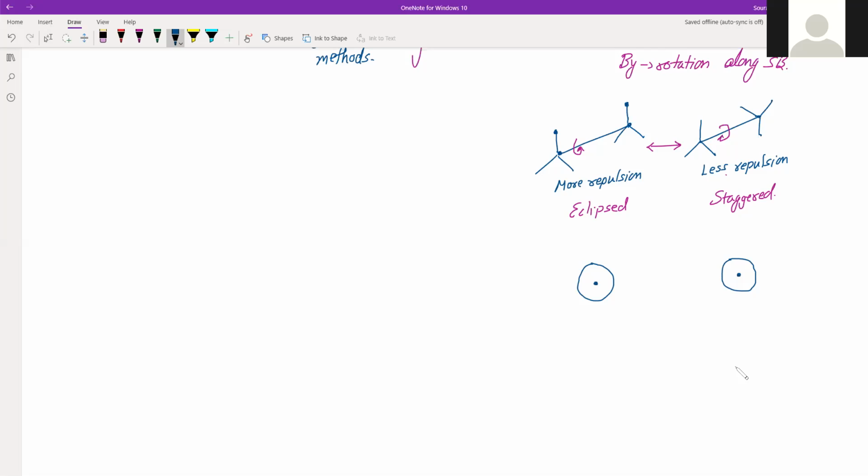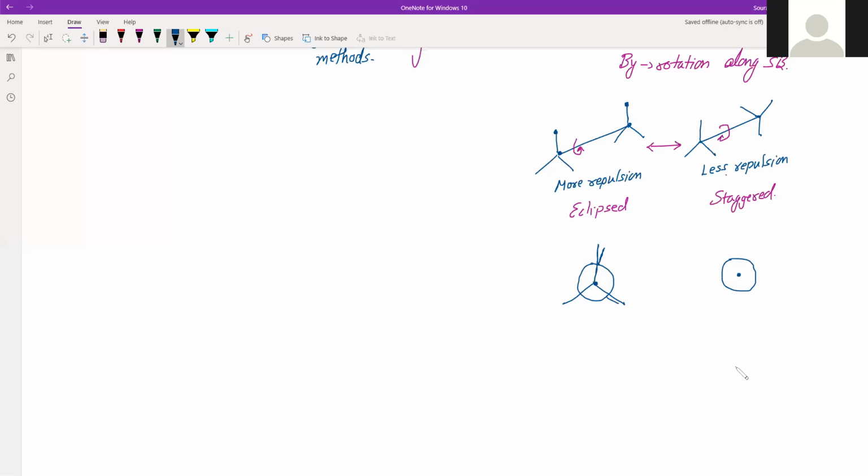You can draw these bonds like this. In the eclipsed form, the back carbon will be just behind the front carbon. It will actually be totally eclipsed, but we have to show it, so that's why we show it like this.